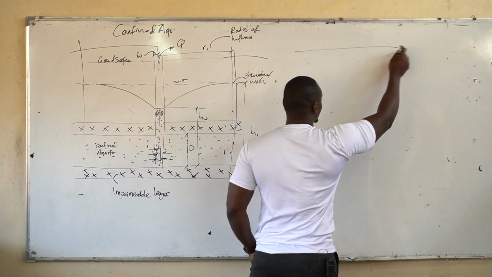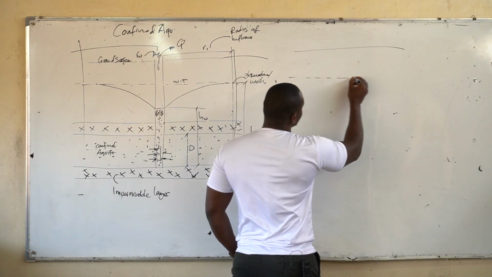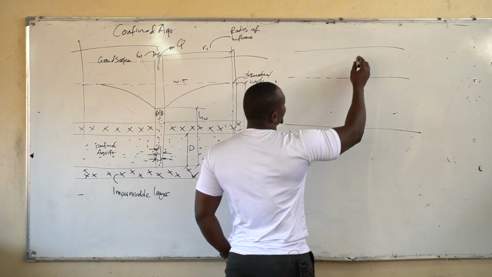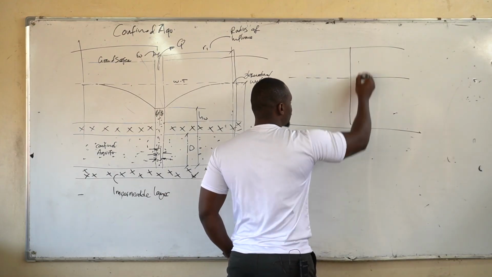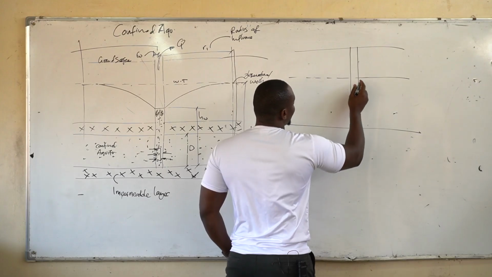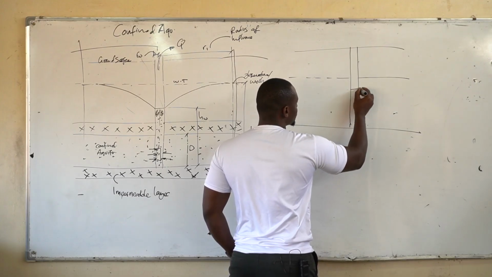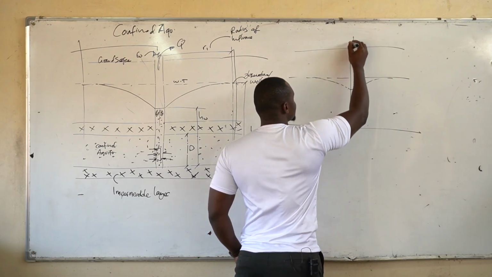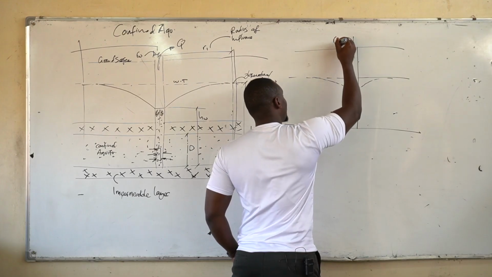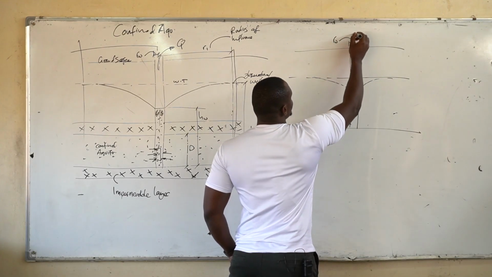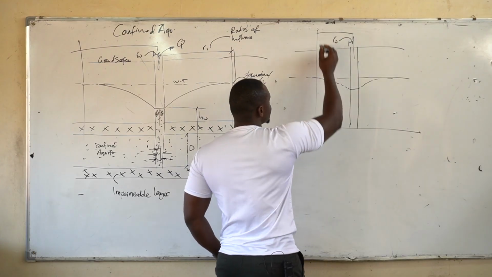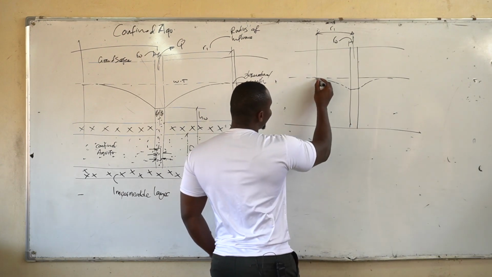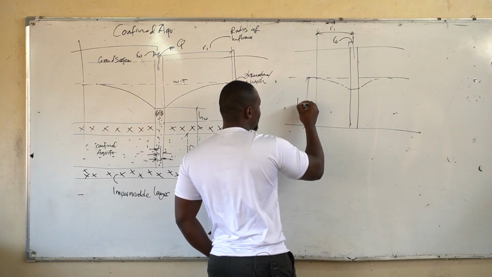We have your surface, you have your water table, and then you maybe just have your base where your water is. And what you're going to have, obviously, is your borehole being drilled there. And what's of interest is that this guy can also equally curve, okay? And so we are still calling this RW, the distance it's affecting the neighbors is still R1, and the height equally here is H1, right?